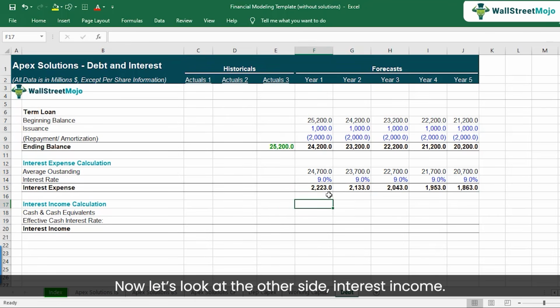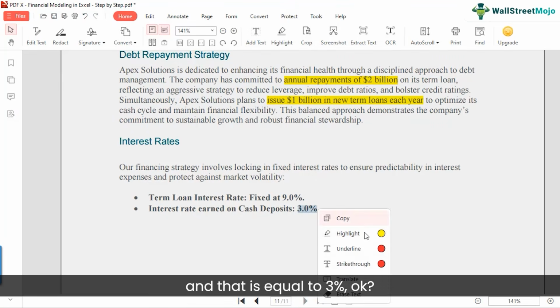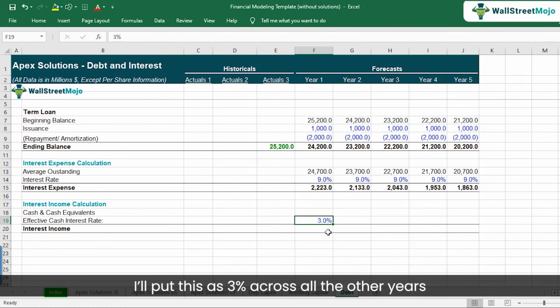Now, let's look at the other side, interest income. Income is earned on the cash and cash equivalents which you have in the bank, right? And if you go back to the case study, you may note that there's an interest rate earned on cash deposit, and that is equal to 3%. Okay. So here, I'll put this as 3% across all the other years.